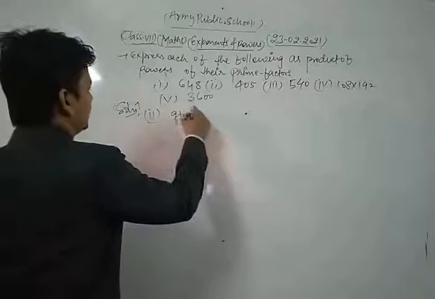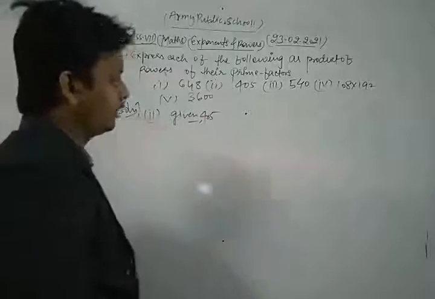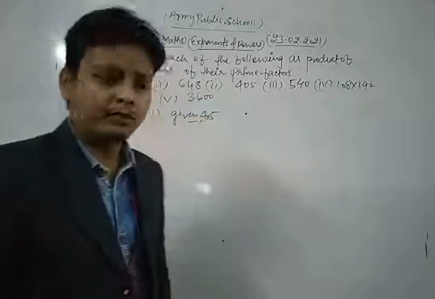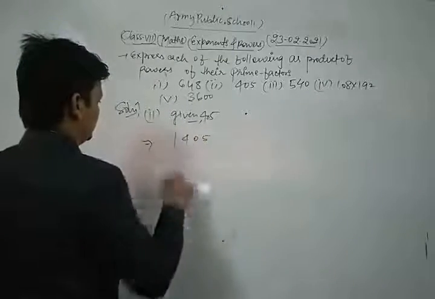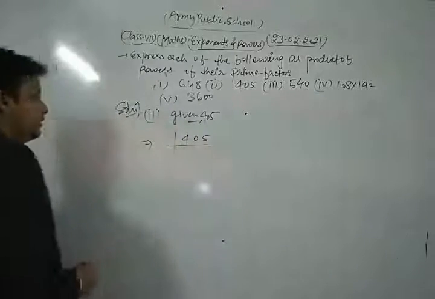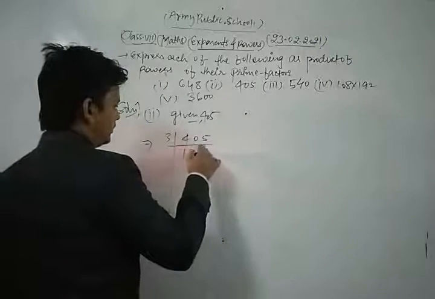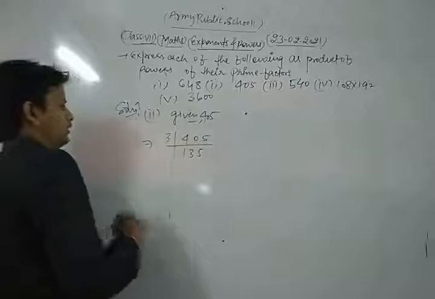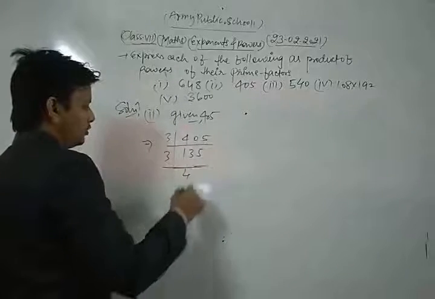What is given? Given 405. So again, this one we do prime factorization, by which number? 3. Let's see. 3 1s are 3, 3 3s are 9, 3 5s are 15. Okay. Now again by 3. 3 4s are 12, 3 5s are 15.